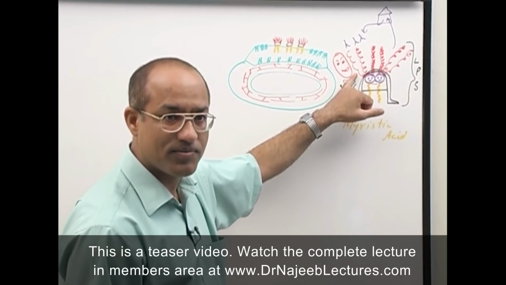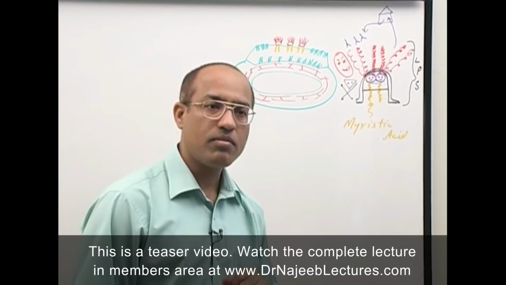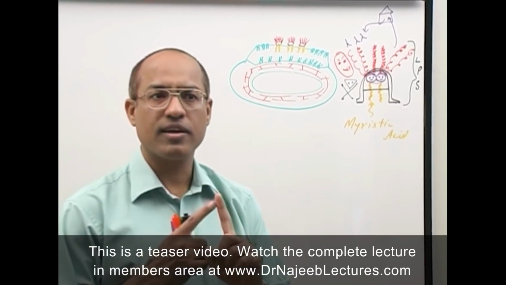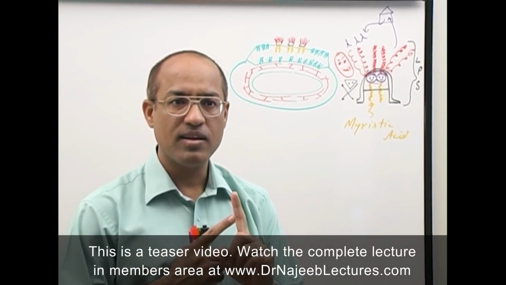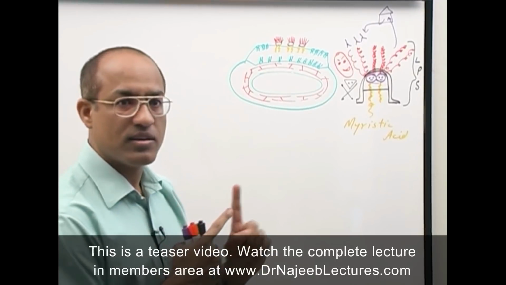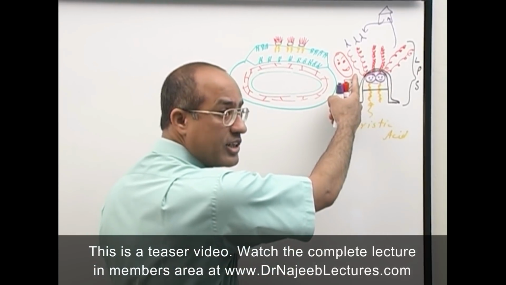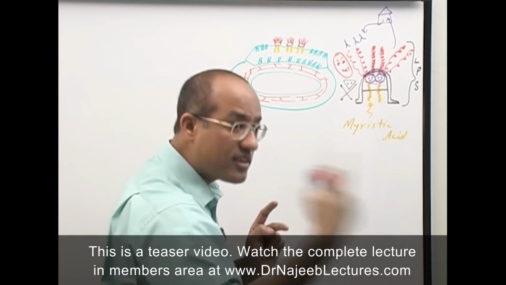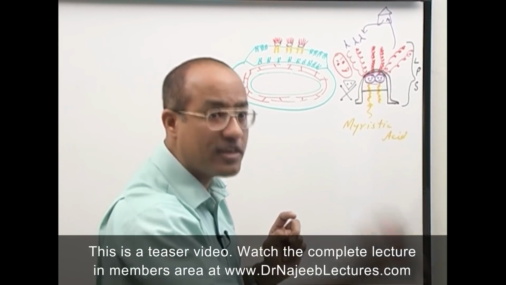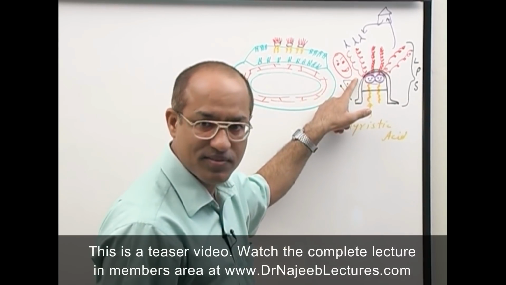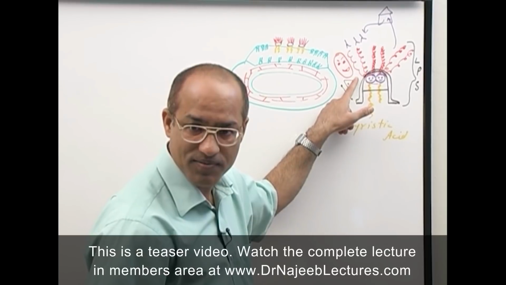Is that right? It means if you have one type of gram-negative bacteria, you will have one type of antipolysaccharide antibodies, and if you have another type of gram-negative bacteria, you will have another type of antipolysaccharide antibodies. You are understanding?